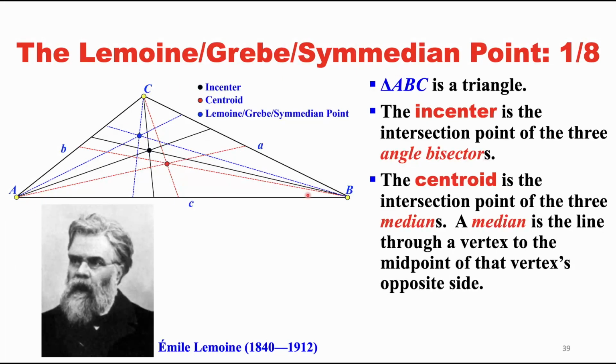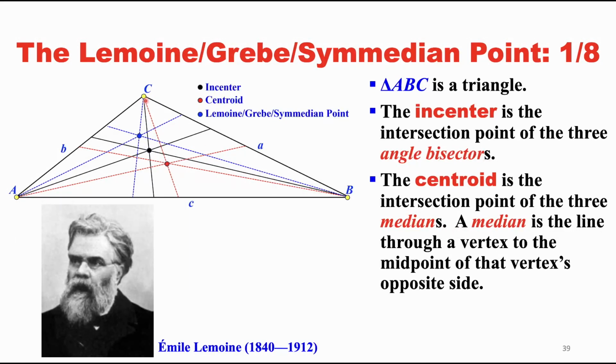We have a triangle ABC. The incenter is the intersection point of the three angle bisectors. So the incenter is the angle bisector here. The centroid is the intersection point of the three medians. What is a median?